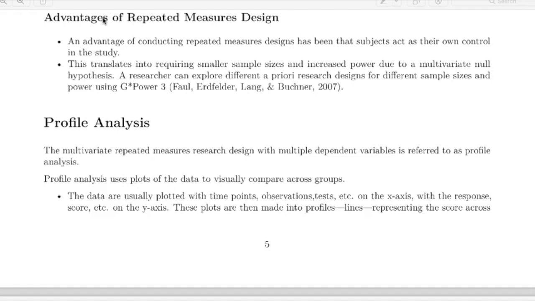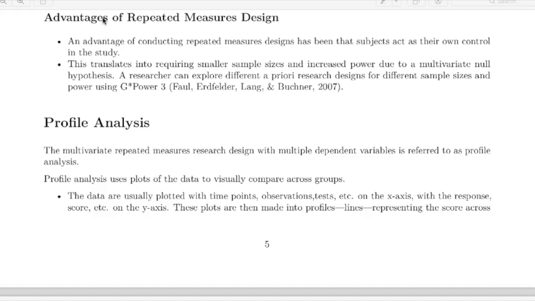Okay, so let's move on into profile analysis. It's just a modification of MANOVA. And again, we're going to focus on the differences between, I don't want to say treatment, between the groups or factors that we're interested in.